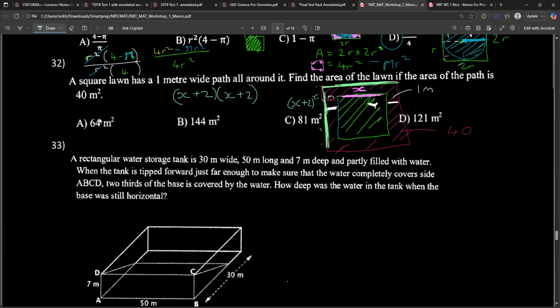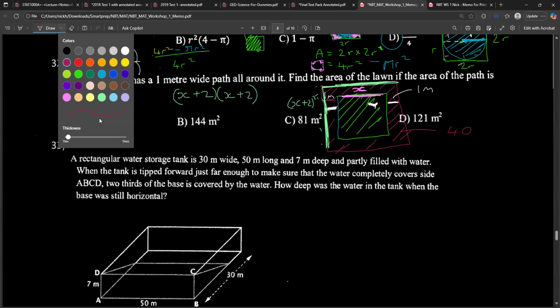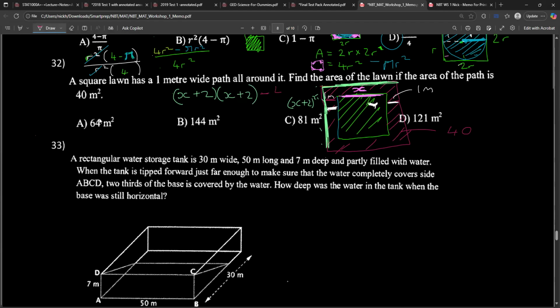Well, we already know the area of the path. The area of the path is 40, so we can just say minus 40. And that should give us this part here, which is the green.